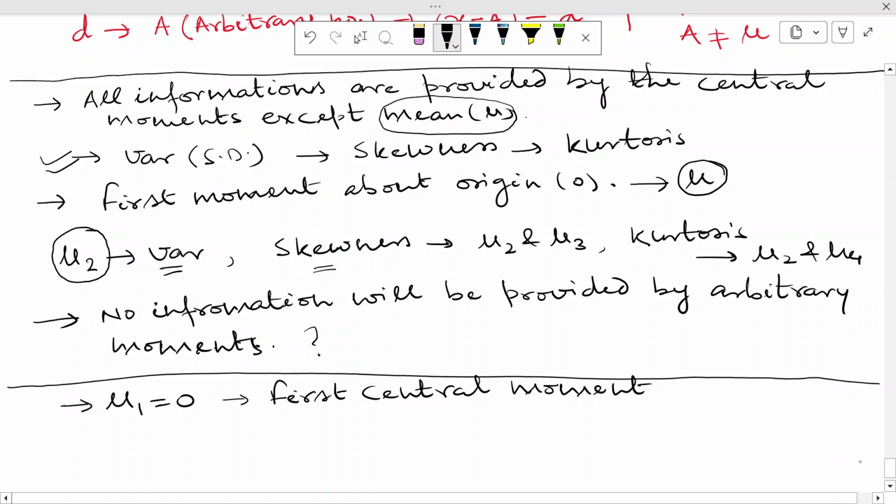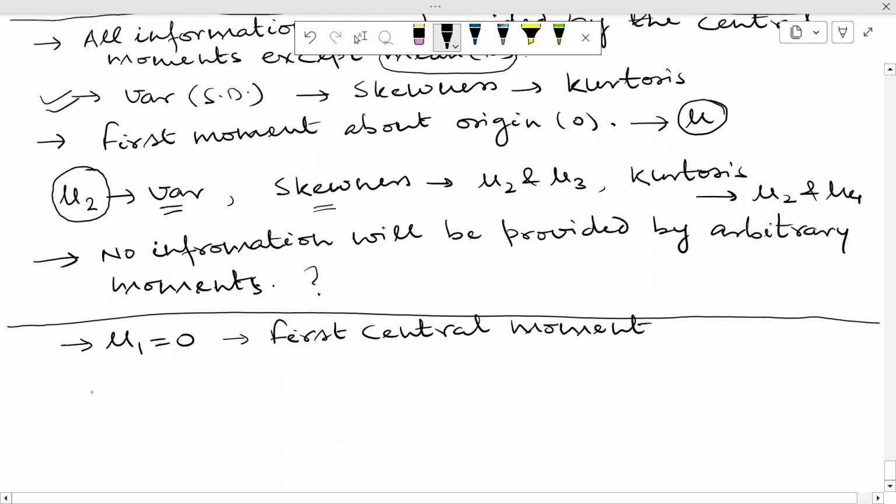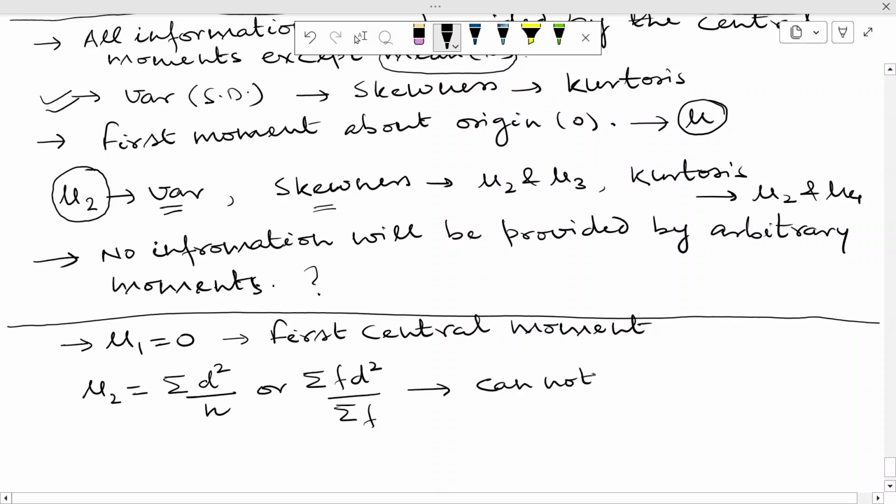However, from the expression we know that mu2 involves the second power of d, or you have this as summation fd square over summation f. So this cannot be negative. Why?